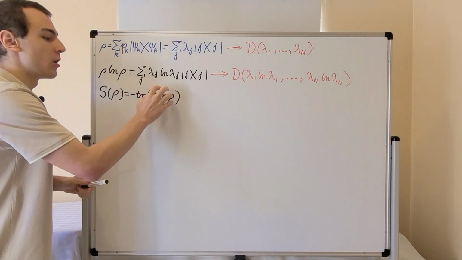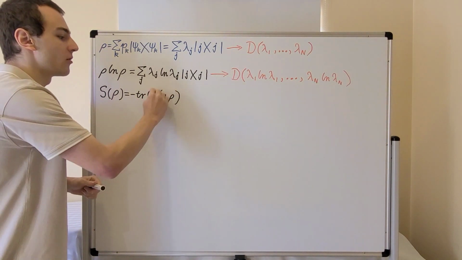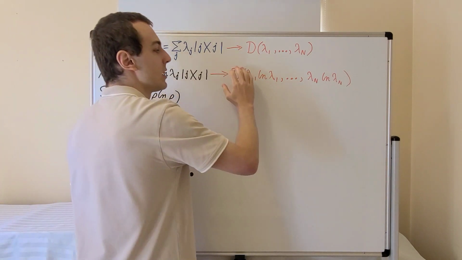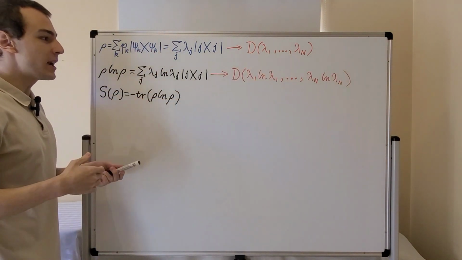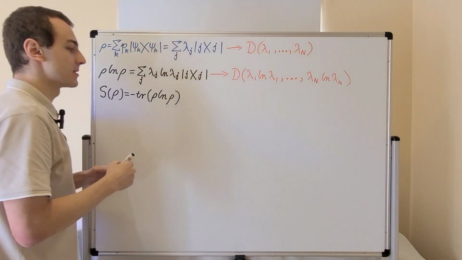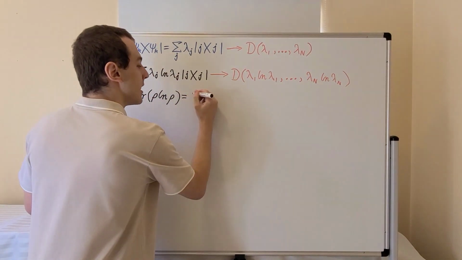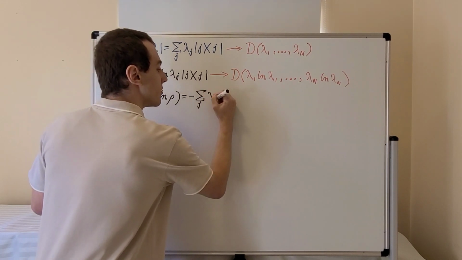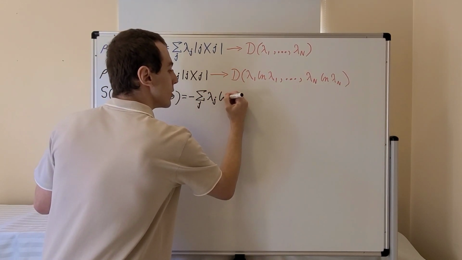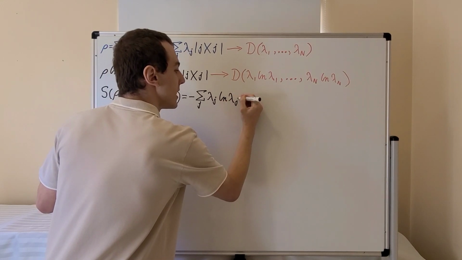Well, we already know what the matrix representation of this operator is. And now we just have to take the trace, and the trace is just going to be the sum of the diagonal elements. So that's going to give us minus the sum over j of lambda j log lambda j.